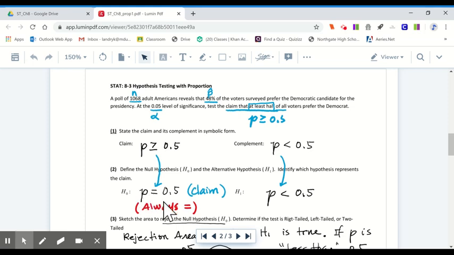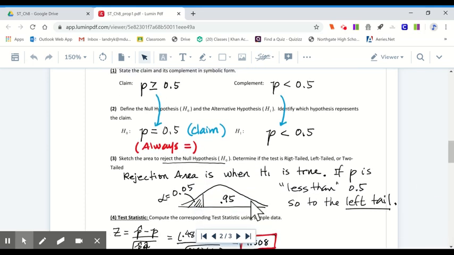So in this case, the null hypothesis goes with the claim. We haven't done one where it doesn't yet, and that's coming up later. H1, the alternate hypothesis, is then the complement, so this maps null to the claim and alternate hypothesis to the complement.